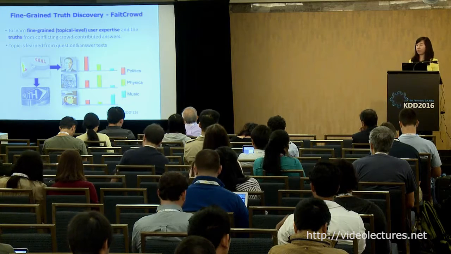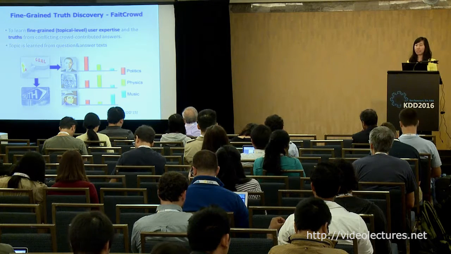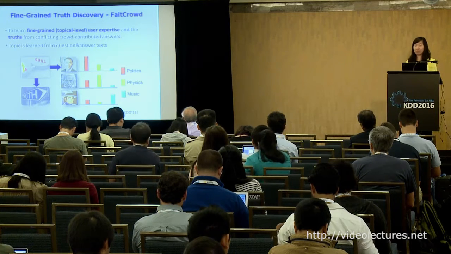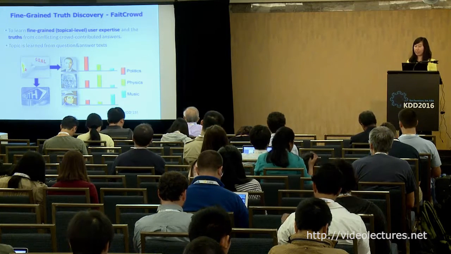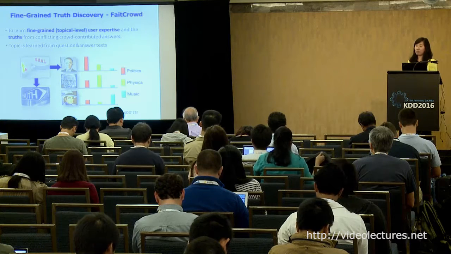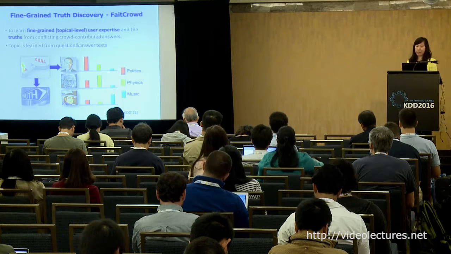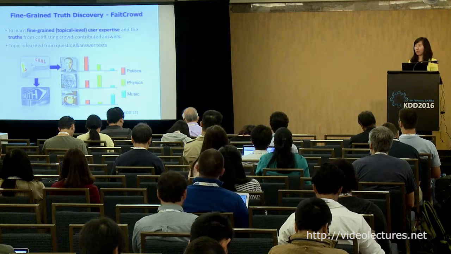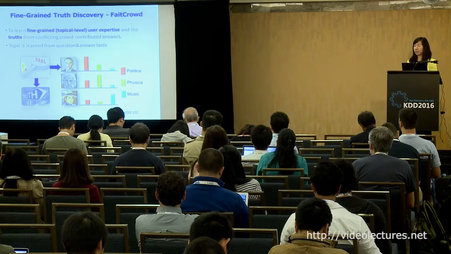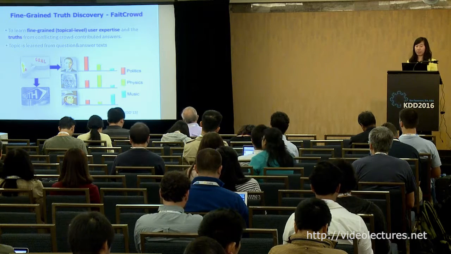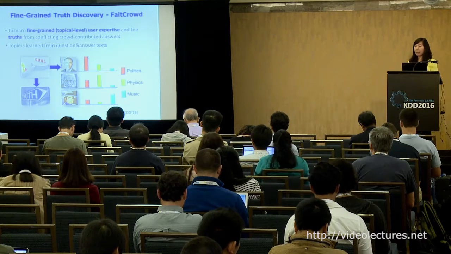In previous work, typically we assume a single user expertise. But this may be violated in many applications, because a user may be good at one aspect but not good at another aspect. So in this work, we try to derive so-called fine-grained user expertise, and then derive truths based on it.